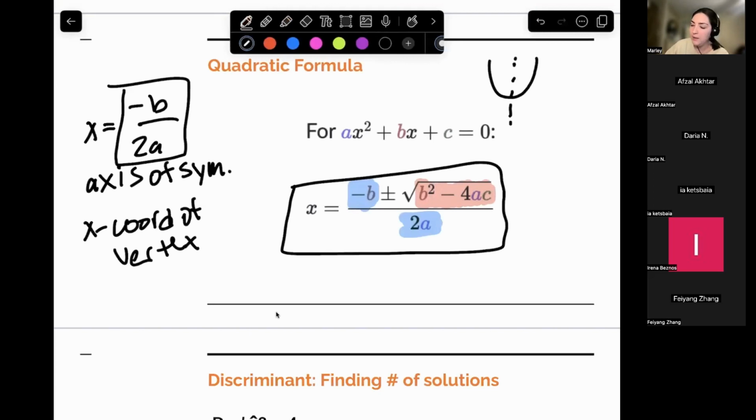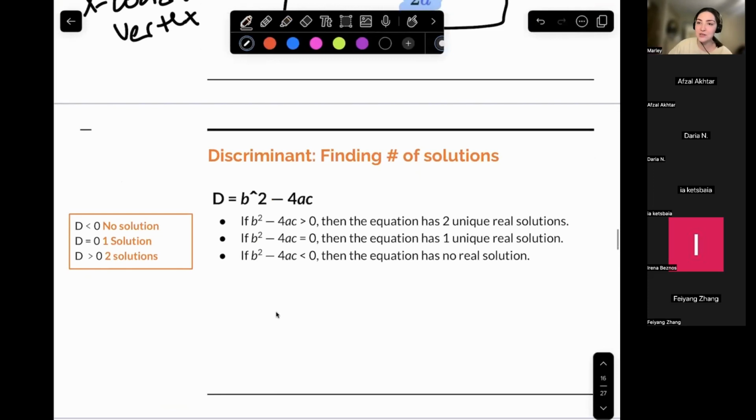So it's called the discriminant. We don't need to know that it's called the discriminant. If you want to have that memorized, totally cool with me, but you don't have to. The discriminant b squared minus 4ac is what's telling us the number of solutions. So if it's less than 0, there's no solution.